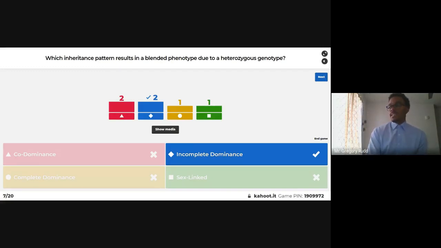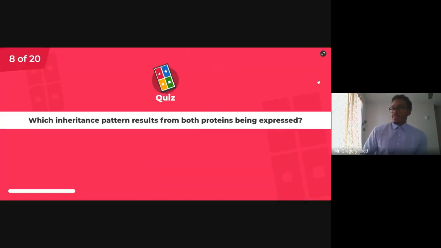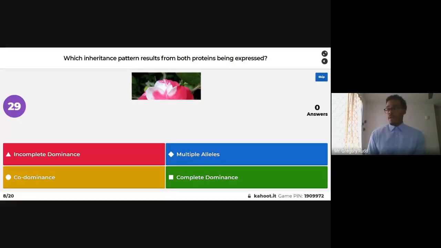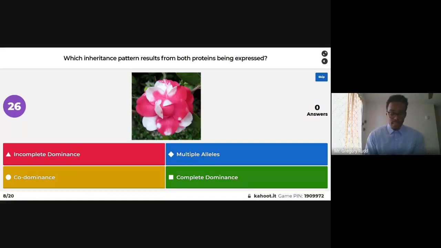All right, so incomplete dominance is when the two phenotypes blend. Which inheritance pattern results from both proteins being expressed? So if I've got, in this case, both pink and white being expressed, or both red and white being expressed at the same time.